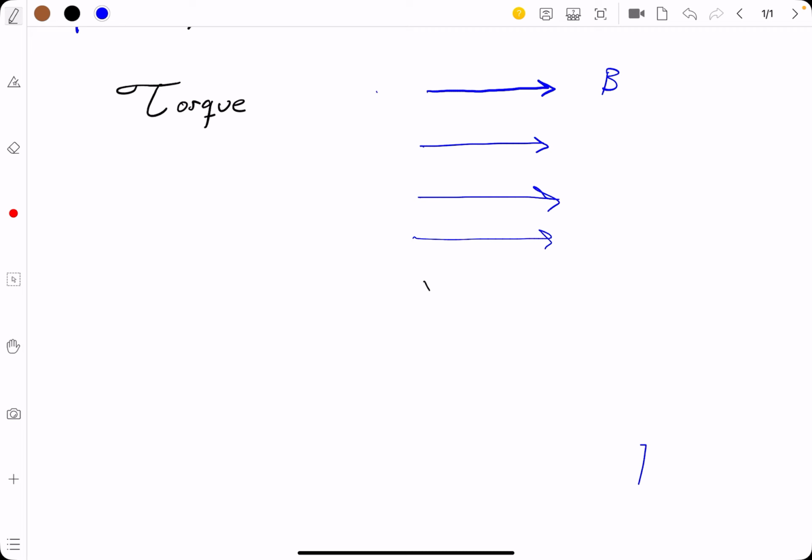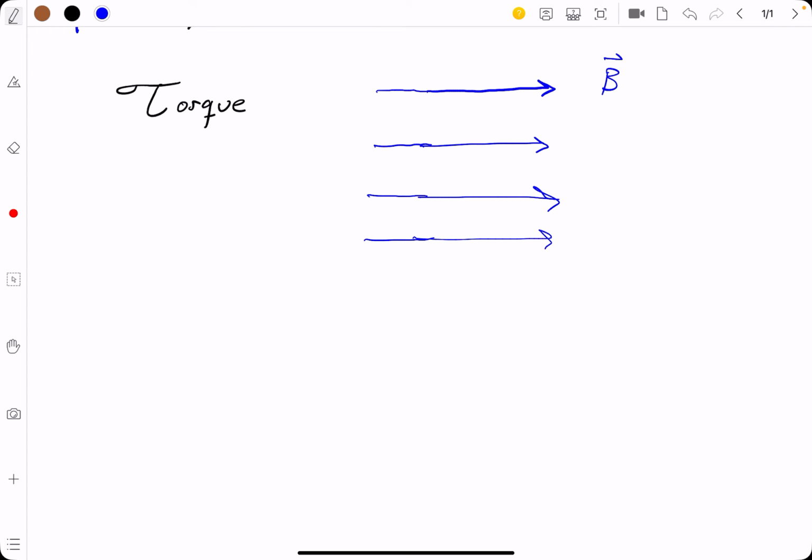Now let's make it a little bit longer so we have some ability to do some things here. Okay, so that's our B field. Let me put a vector on there because it is definitely going in a certain direction.